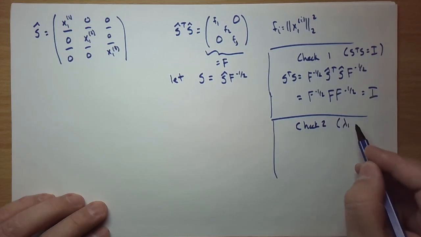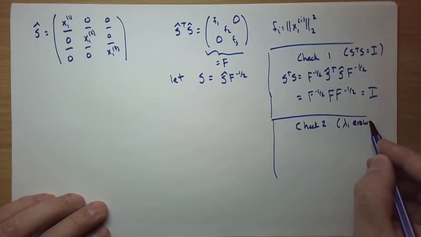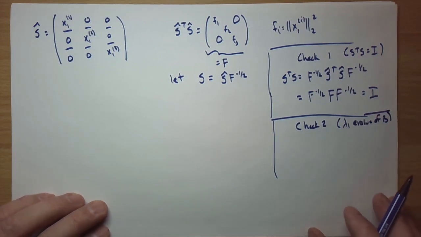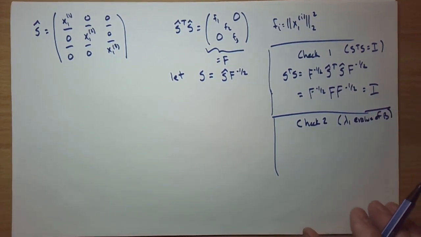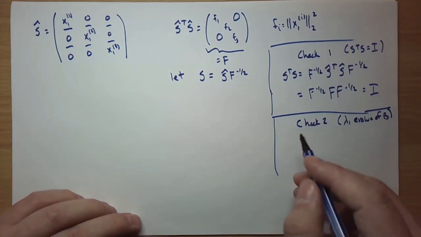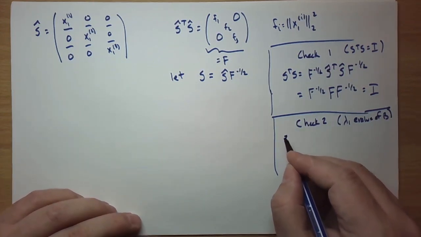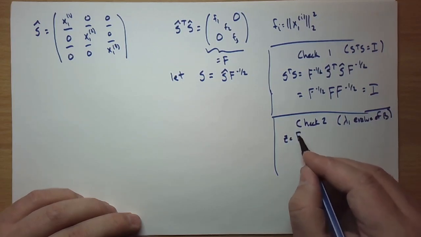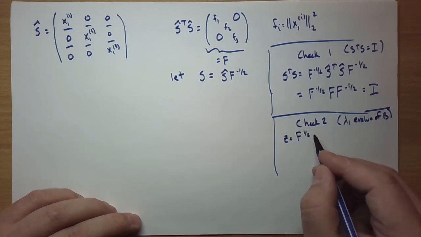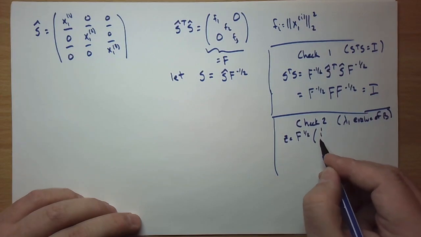Check 2, is lambda 1 an eigenvalue of B? And well, all we have to do is produce an eigenvector. And so here's one I claim works. Let Z equal F to the positive 1/2, and then all 1s.